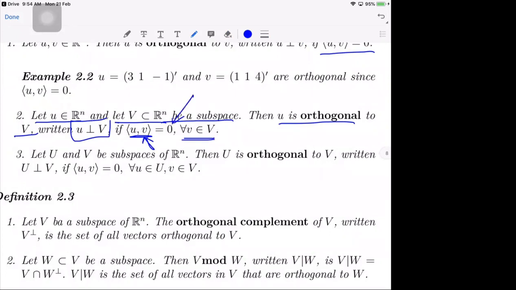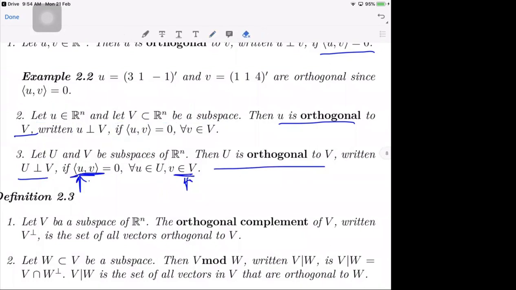So that is the orthogonality of a vector to a space V. Here, it is the orthogonality of two subspaces. U is orthogonal to V, written in this symbol, if for all vectors in U and for all vectors in V, the inner product is 0 for all pairwise vectors of U and V.